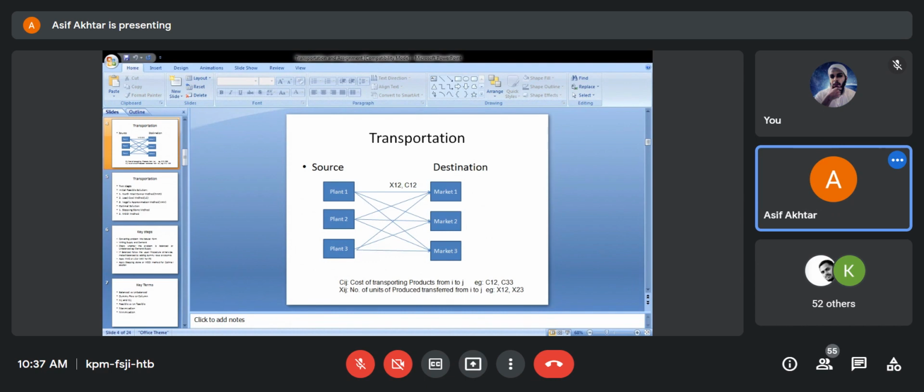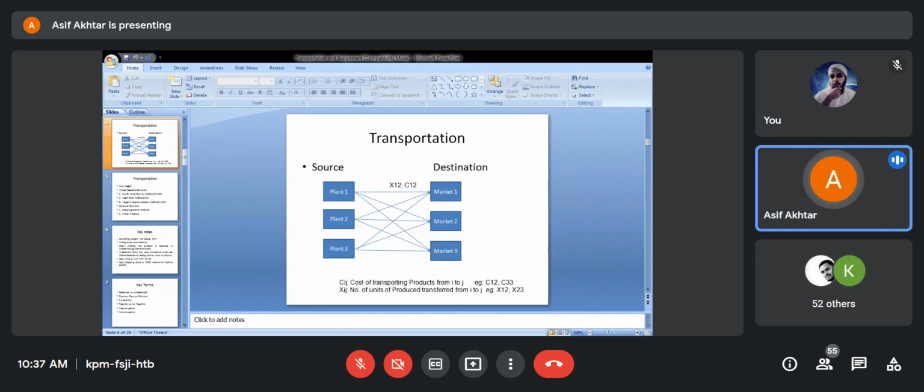Now, as I have already discussed, any technique or method that we discuss in quantitative analysis is a step-by-step process. We have observed this in linear programming, which is divided into 2 stages.